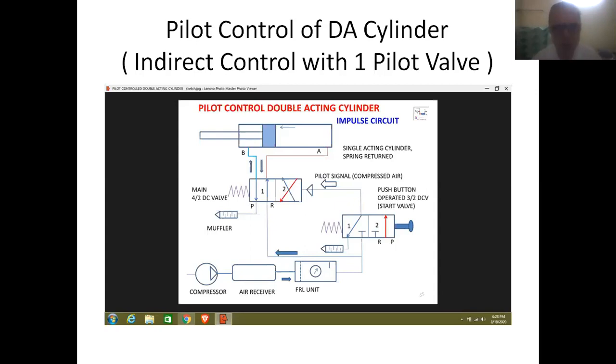So friends, the compressor is placed in the first position as shown in the figure, and this air receiver is placed in the second position.